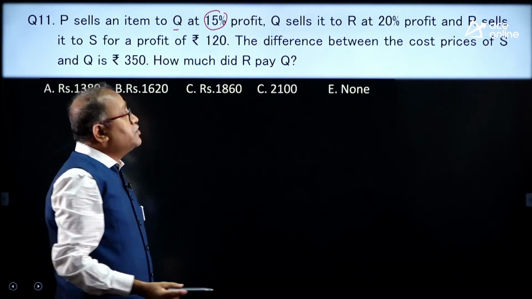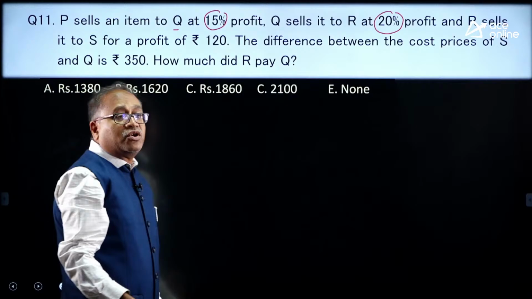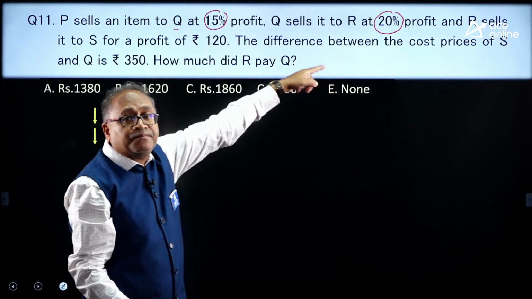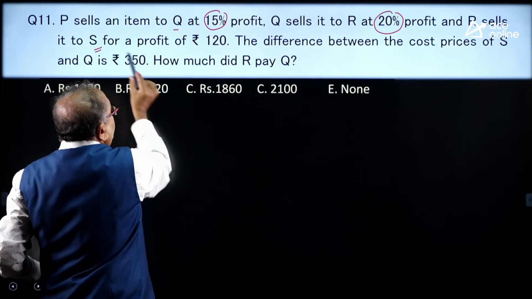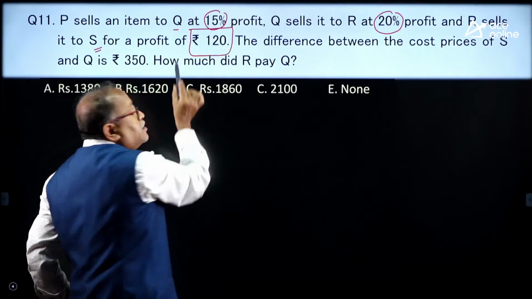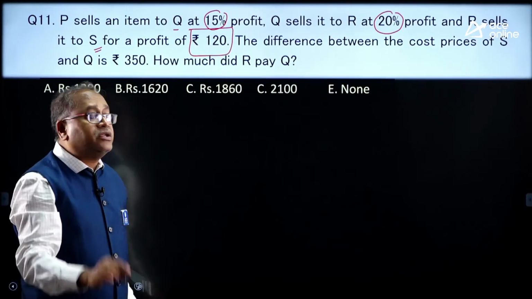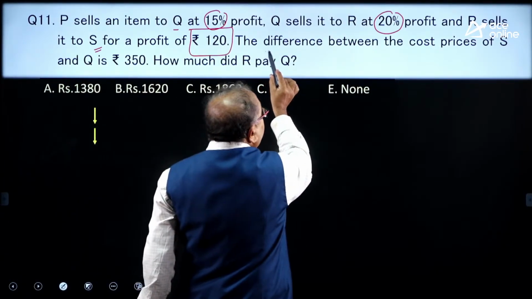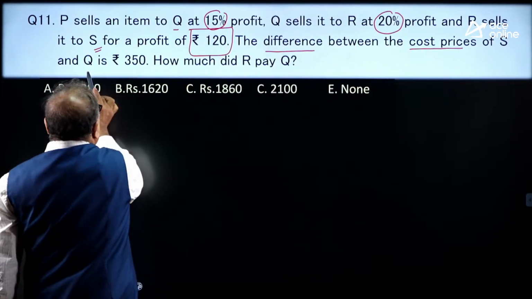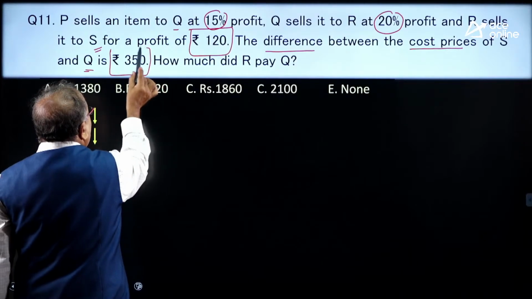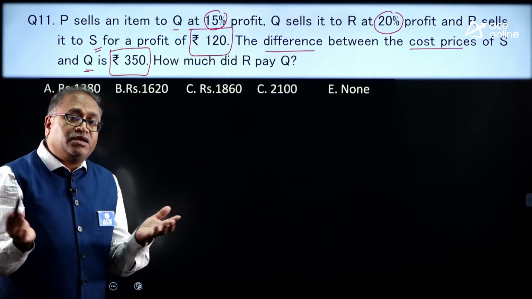Q sells it to R at 20% profit, and R sells it to S at a profit of rupees 120. Look at this, the percentage is not mentioned here, just rupees 120. The difference between the cost price of S and Q is 350.